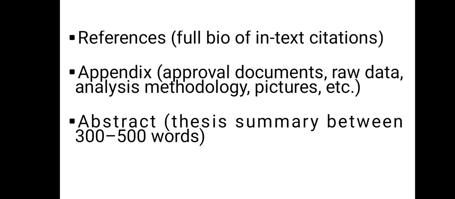A summary of everything between 300 to 500 words will form the abstract of your work. Mostly in journal articles or in thesis, the abstract usually appears first before the introduction. But in the real sense, the abstract is written last after you must have concluded everything about your thesis, but is usually placed first.